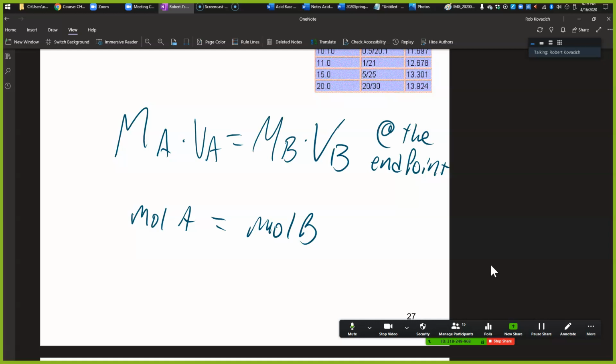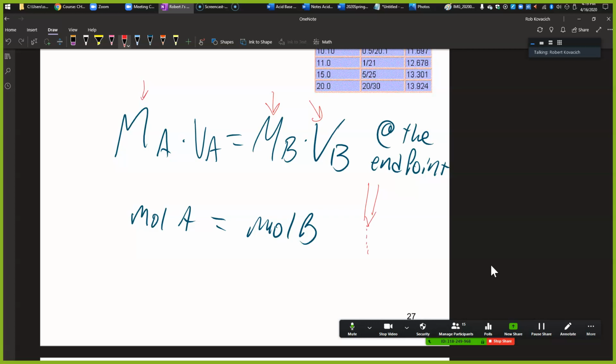And this is how we calculate the concentration of the weak acid that we didn't know, because we know exactly how many moles of base. So when we're doing these problems, we know the concentration of the base, because we made the base. We know the volume of the base because we were the one using the burette and dribbling the base into the container.